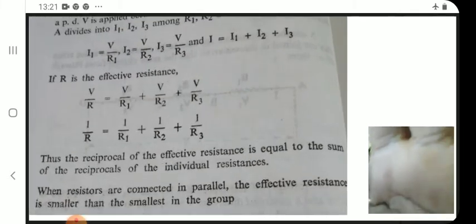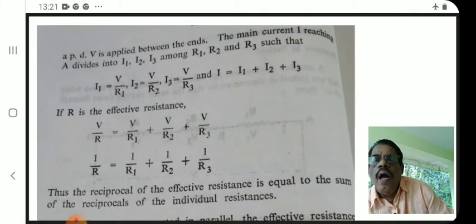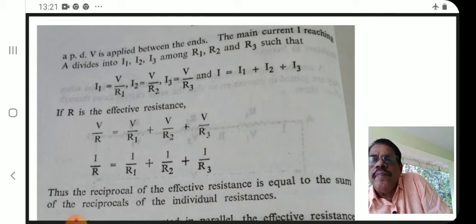The current division formula is I equals I1 plus I2 plus I3. I1 is equal to V by R1, I2 is equal to V by R2, I3 is equal to V by R3, and I is V by R, where R is the effective resistance.